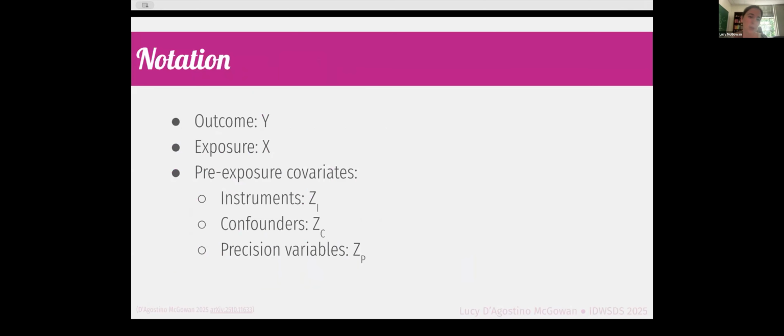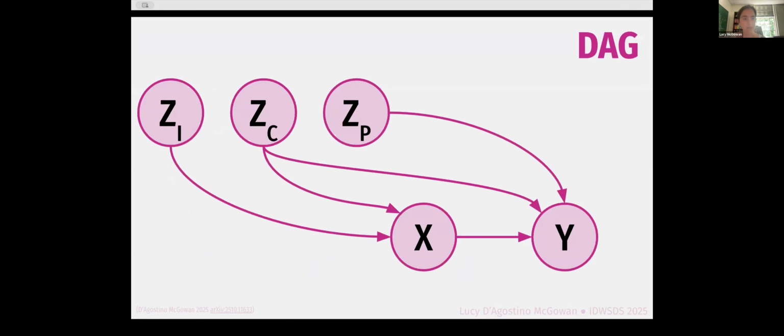Okay, a bit on doubly robust estimation, and just for notation for the rest of my talk, my outcome is Y. My exposure is X, and I have some pre-exposure covariates, which I've labeled as instruments, things that only influence my exposure; confounders, things that cause both my exposure and my outcome; and precision variables, things that only affect my outcome.